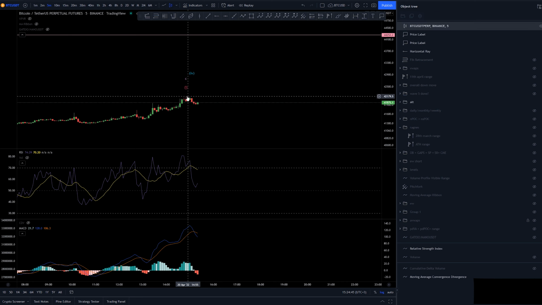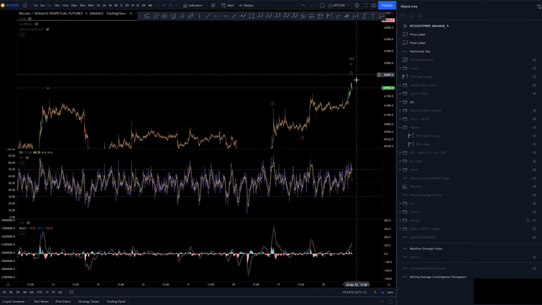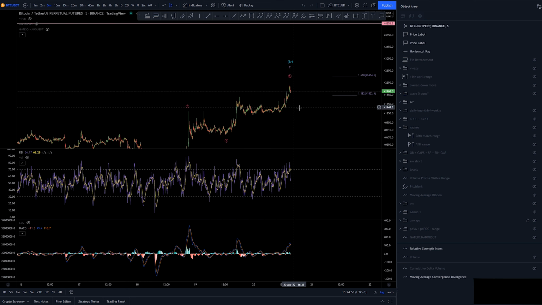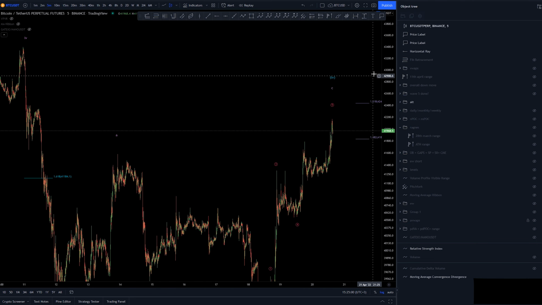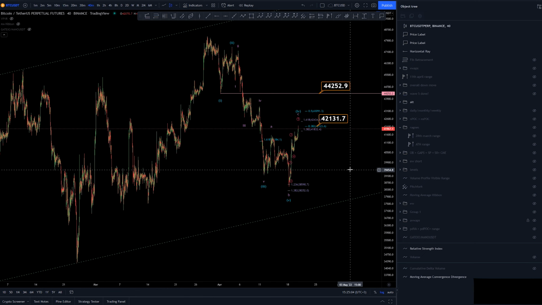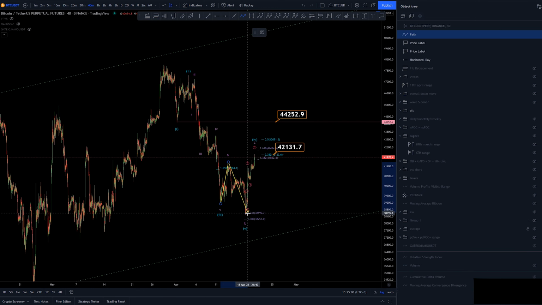It hasn't gone above the previous one, so there could be one more high, a really small bump to the highs, take out the high in price but make a lower high in RSI, and that would be the end of this structure here, this 3-wave pattern here.